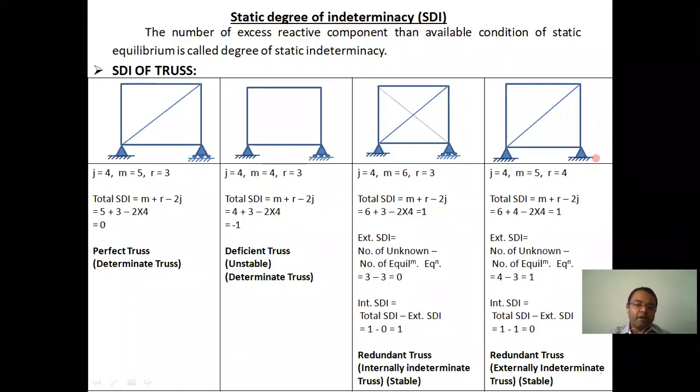Remember, I am not treating this as a joint. So I consider this total as one member and this total as another member. Now count the number of members. The outside periphery has 4 and inside 2 members, 1 and 2. So in total 6 members are there.